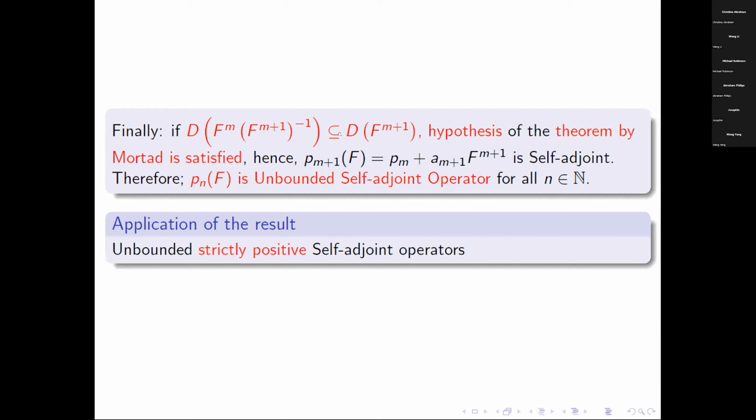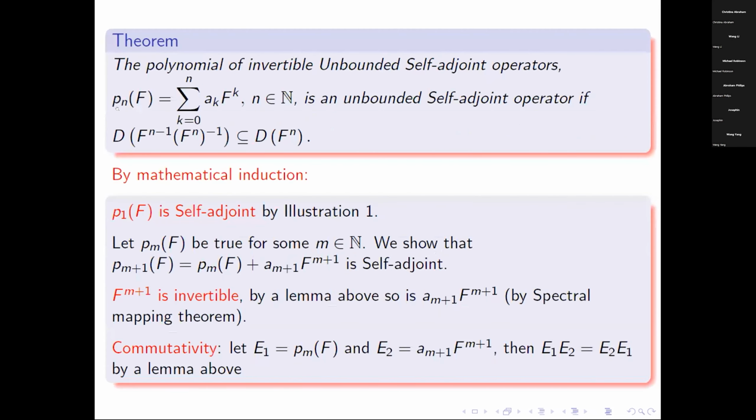And that is the proof by mathematical induction. And therefore it simply means what? It simply means that our polynomial Pn(F), which is a summation from k equals 1 to n of Fk, is actually an unbounded self-adjoint operator, provided that it is invertible.